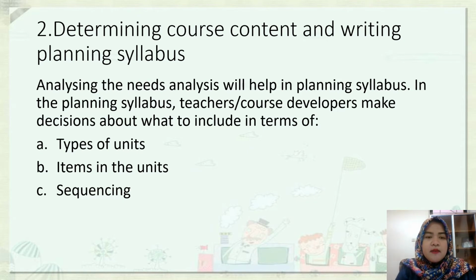Second is items in the units, such as genre, semantic sets, and functions, and sequencing. It is what should come first, second, and so forth, and the decision is made according to considerations such as immediate or less immediate needs, level of difficulty with easier items before more difficult items, and logical flow.